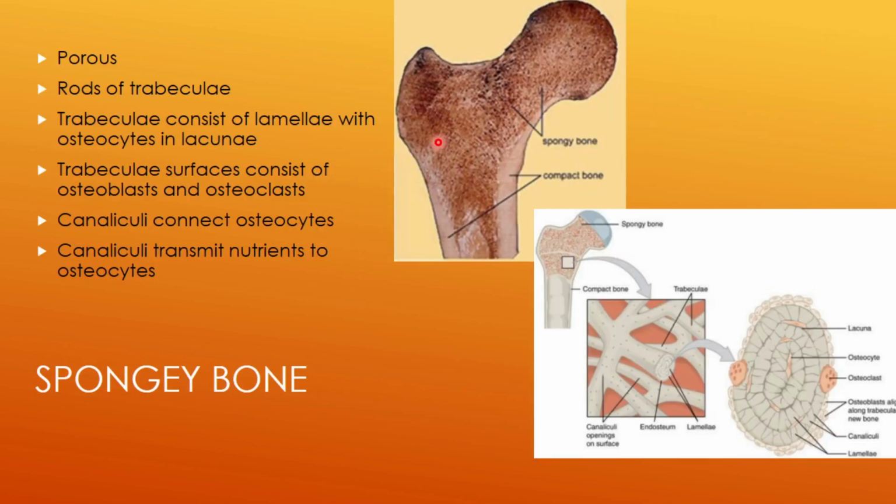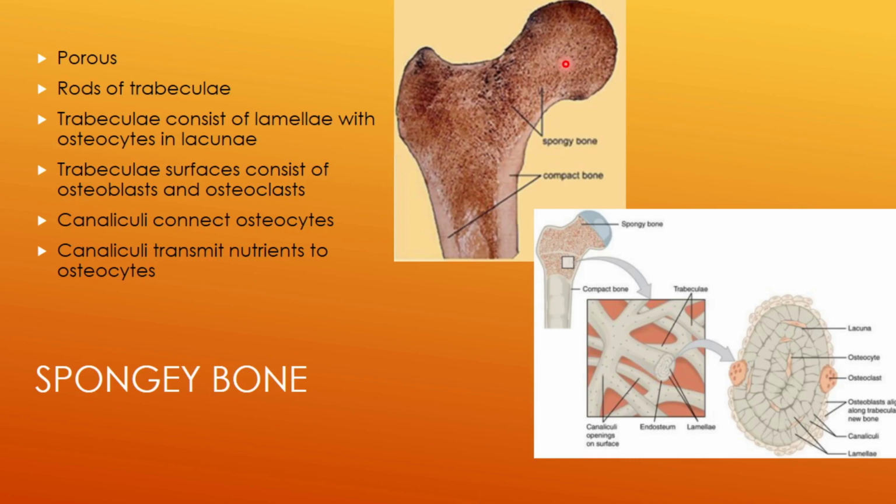So bone can be subdivided into spongy bone, also known as trabecular bone. This is a really porous or trabeculated bone type, as we can see here on this coronal section of the femur. There are large holes.